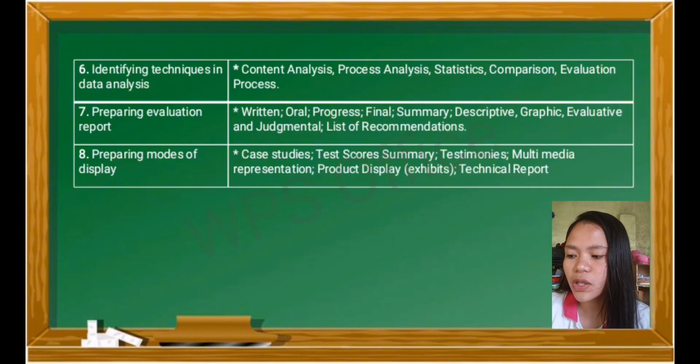The considerations are content analysis, process analysis, statistical comparison, evaluation process. And step number 7, preparing the evaluation report. The considerations are rating, oral, progress, final, summary, descriptive, graphic, evaluative, and judgmental, list of recommendations.